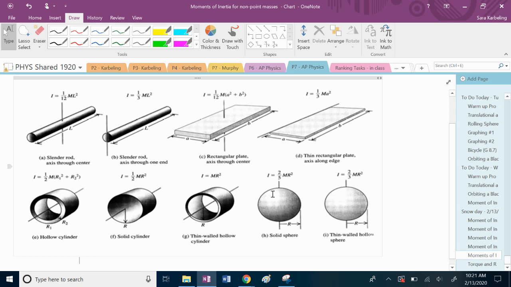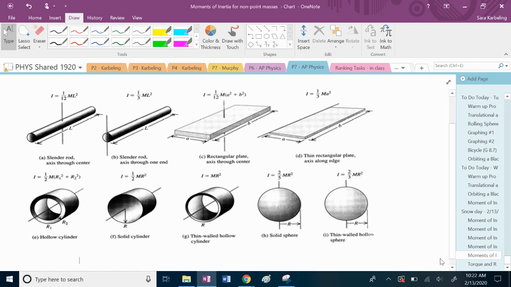Notice that the moment of inertia here is 2/5 mr squared. Then you would use that in the problems that you're working. So I wanted you to be familiar with that. We'll work with this as we go through this chapter, but you'll always have access to those equations.